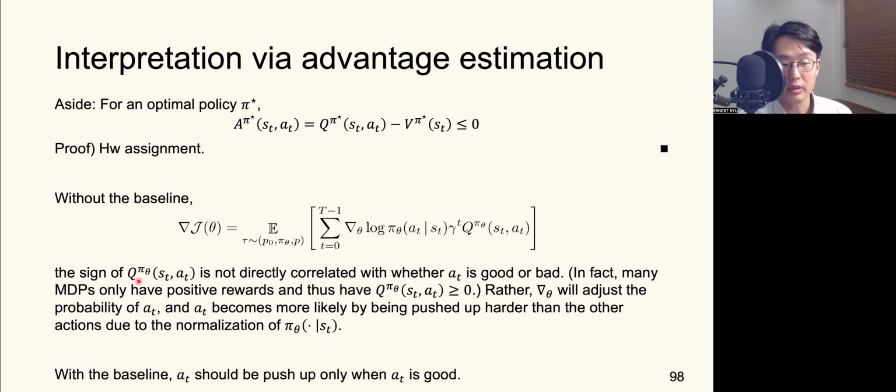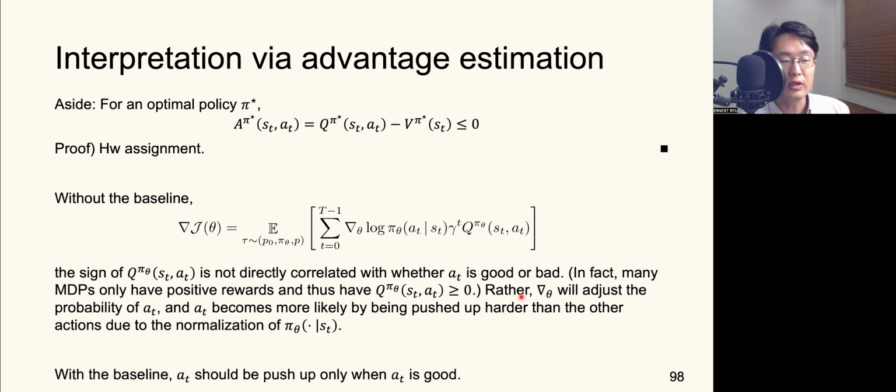But some actions are good, some actions are bad. So in this case, because the sign of Q does not correlate with whether a_t is good or bad, the gradient will adjust the probability of a_t, and the action becomes more likely by being pushed up harder than the other actions, due to the normalization of pi theta. Remember, pi theta is a probability distribution, and in order to enforce the output of pi theta to be a probability distribution in neural networks, you use the softmax layer to do the normalization.